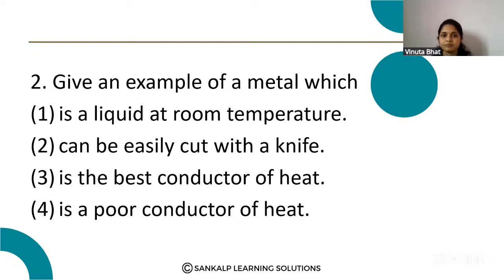Next question. Give an example of a metal which is a liquid at room temperature, a metal which can be easily cut with a knife, the metal which is the best conductor of heat, and a metal which is a poor conductor of heat.